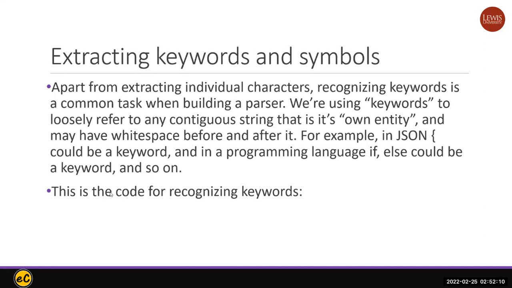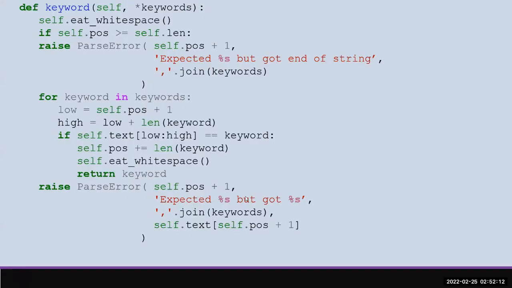This is the code for recognizing the keyword. Keywords is actually a list. Self eats white spaces, so this will handle the white spaces. For each keyword in keywords, you calculate your low and your high. You check whether the text at this location is a keyword.